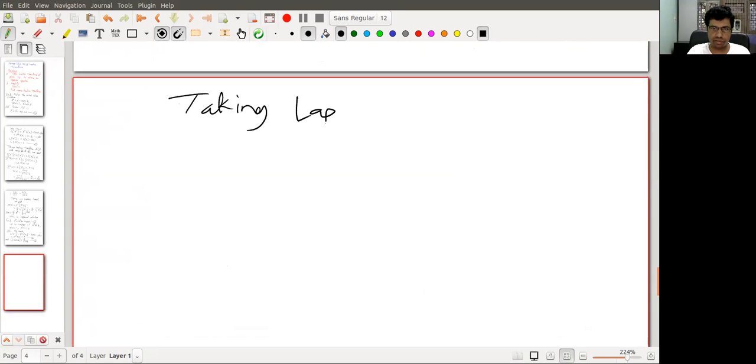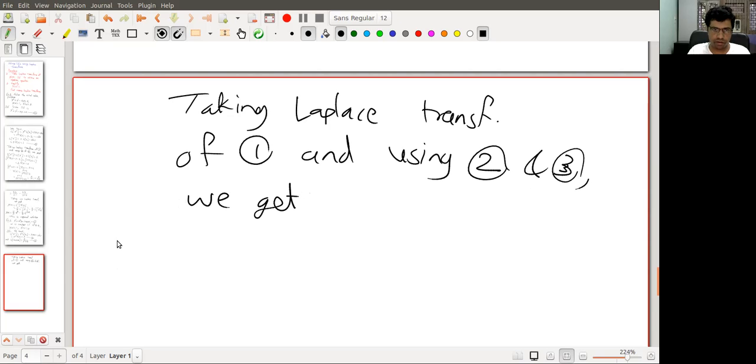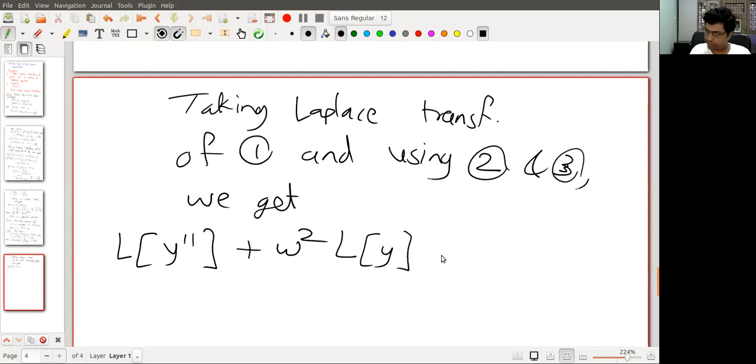Taking the Laplace transform of 1 and using 2 and 3, we get L of y double dash plus omega square L of y equal to L of cos of 2x.